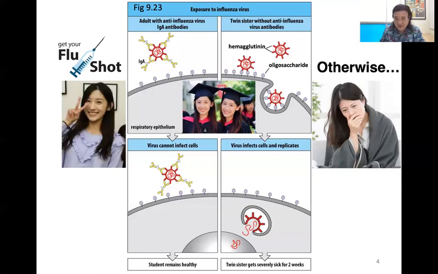So then the flu virus comes along, right? And see over here in the vaccinated sister, in response to the vaccine, she actively acquired immunity.